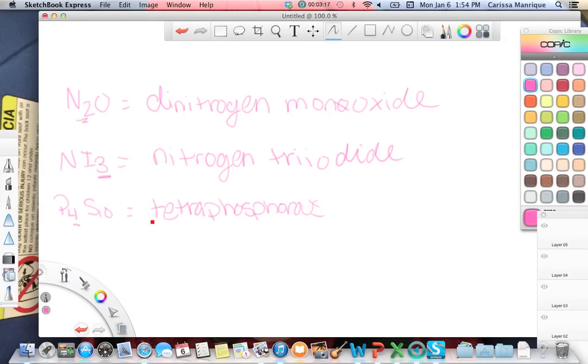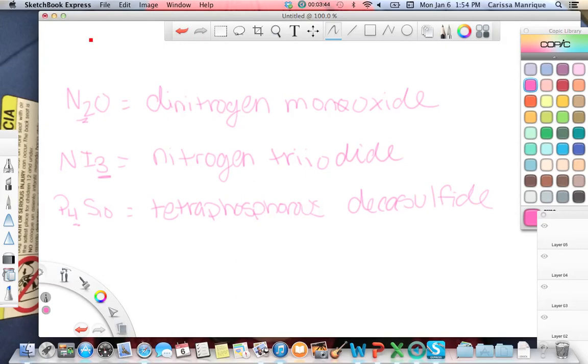And then 10 is deca, and then S is sulfide. So you have to put how many there are. So, di, nitrogen, meaning 2 oxygens, mono, oxide. Remember, we never start the name with mono, so this will just be nitrogen tri-iodide.